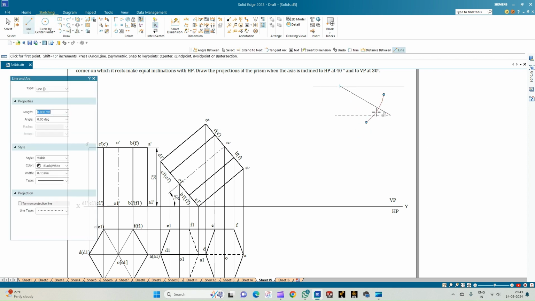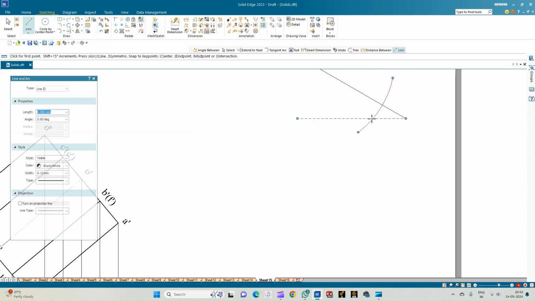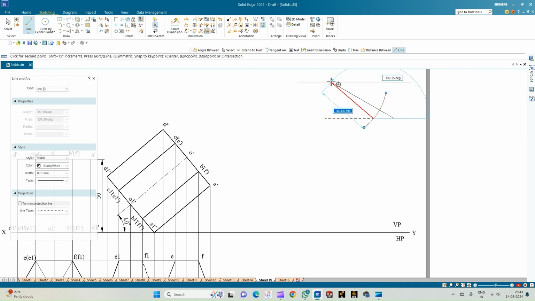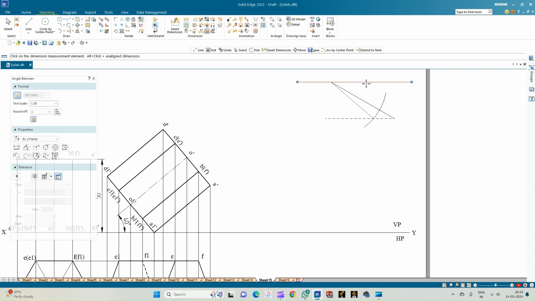From the point of intersection of the locus and this arc, let us draw the line back to the point O, and the inclination of this line is going to be the beta angle, which is equal to 41 degrees. So 41 degrees is the beta angle, and the angle 30 degrees is the given angle.